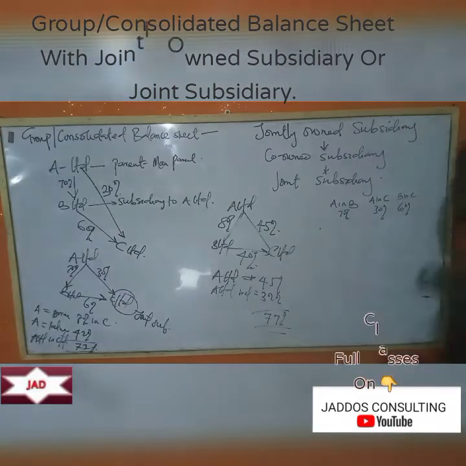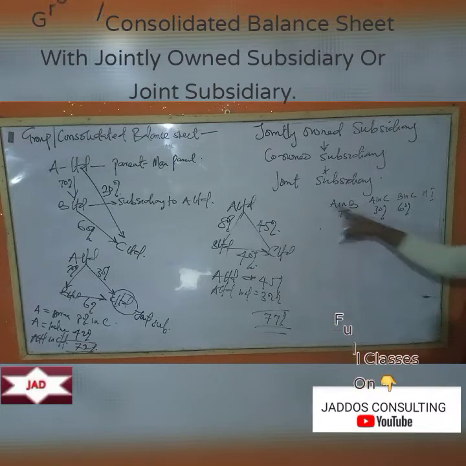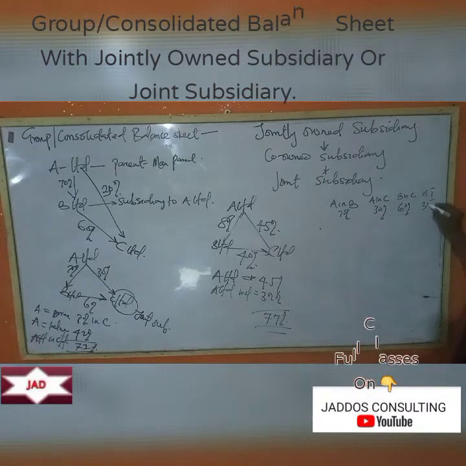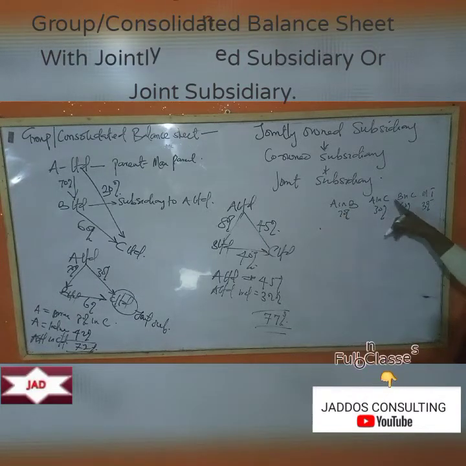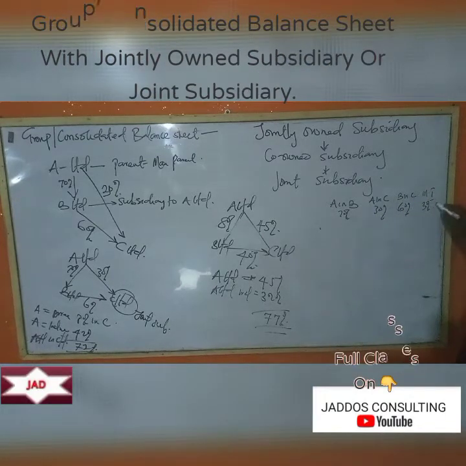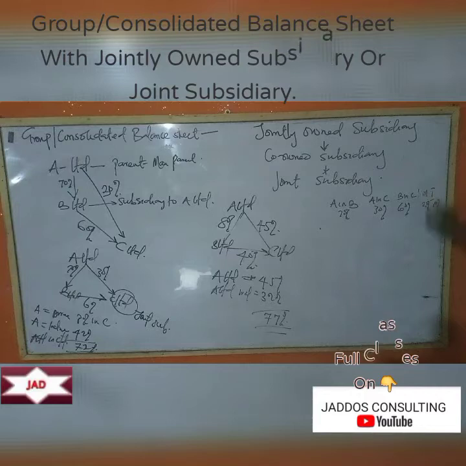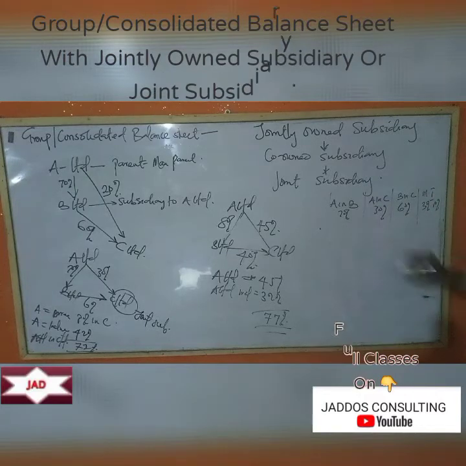So it means that your minority interest, with reference to A in B, is 30%. Then with reference to C, A has 30%, B has 60%, that means 90%, so the minority is 10%. So there's going to be this, which you already know.